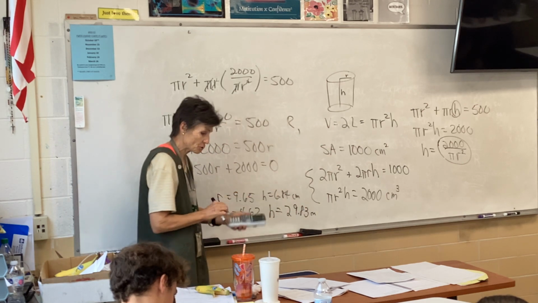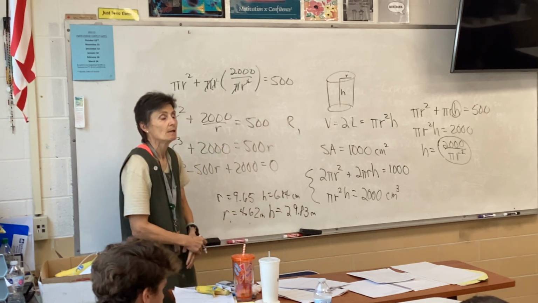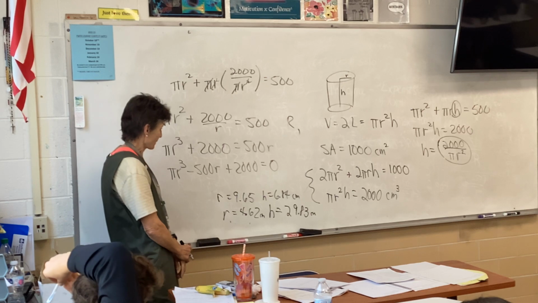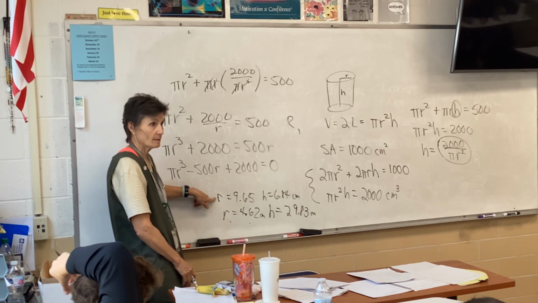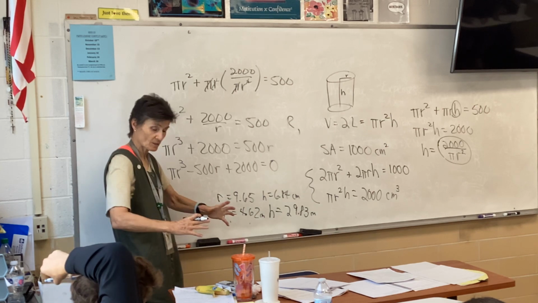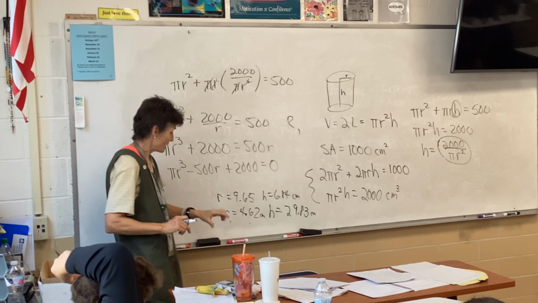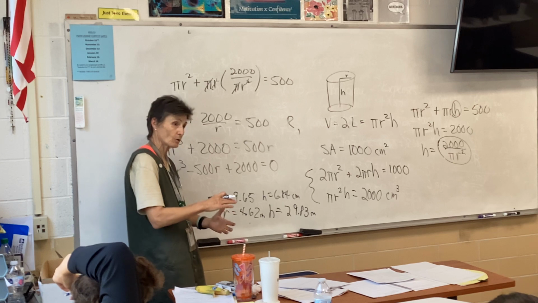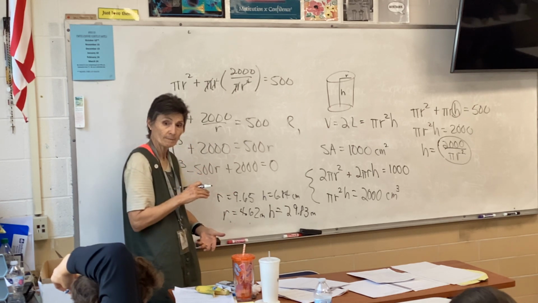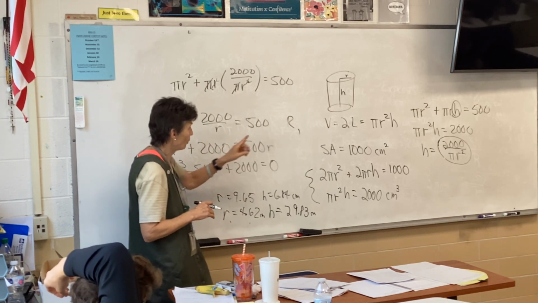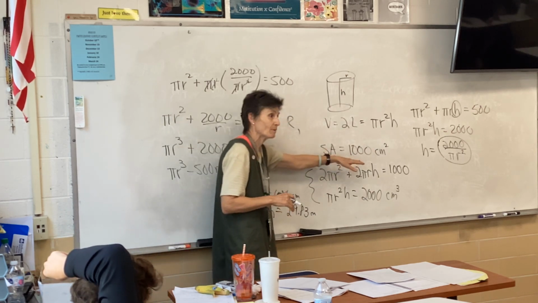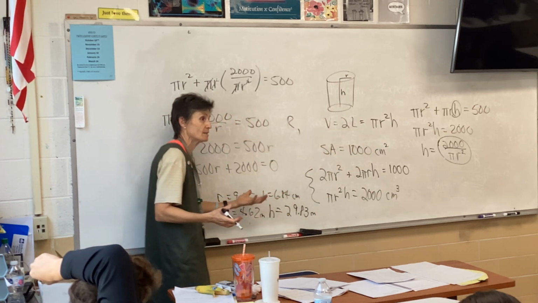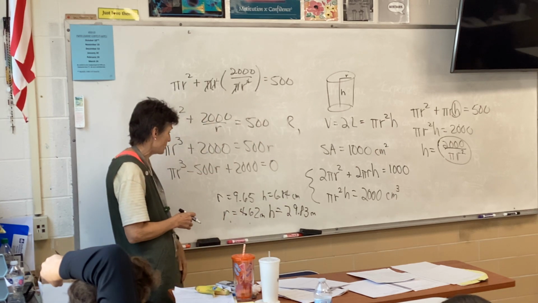So tell me about these two possible cans. This one is really short and fat, so it's a big circle, but it's not very tall. This one is a smaller circle, but a taller one. They both hold the exact same amount, and they both use the same amount of aluminum to create. They have the same surface area.